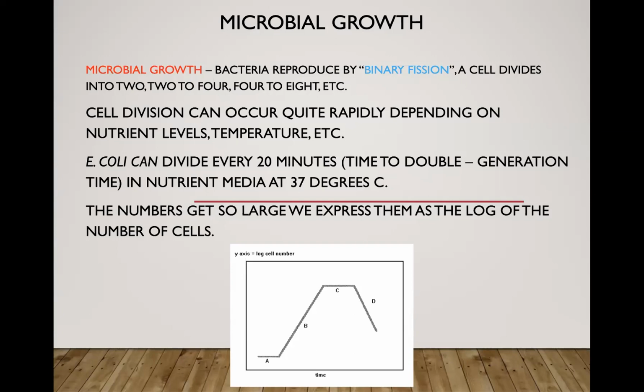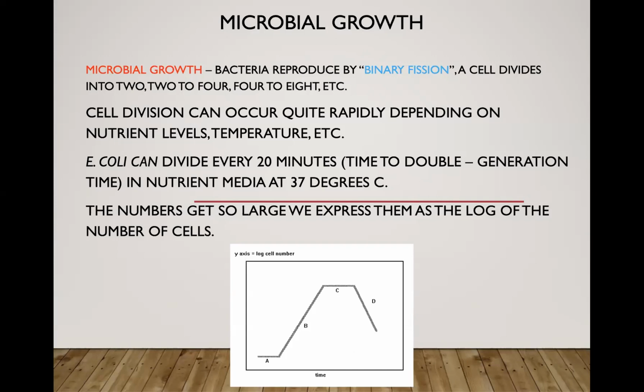Every 20 minutes, in this replication cycle, we double our population, and we'll look at this concept of generation time. If we have E. coli in the ideal nutritional media and at the ideal temperature, which in this case is about 37 degrees C, the generation time is about 20 minutes for it to double its population.